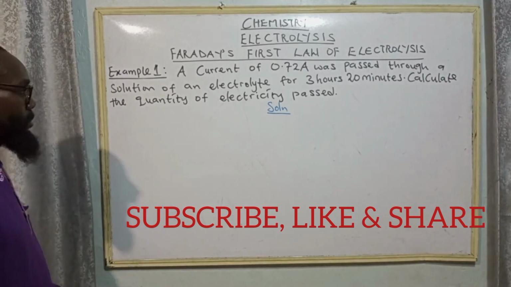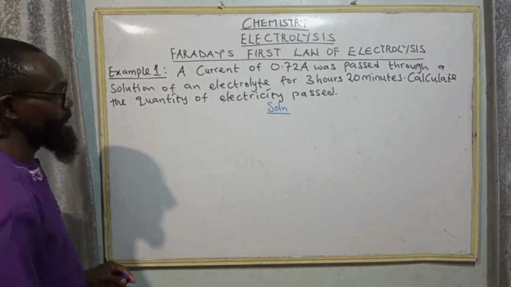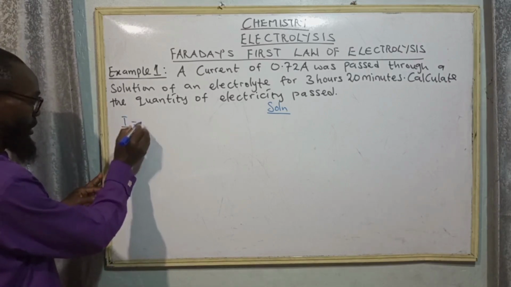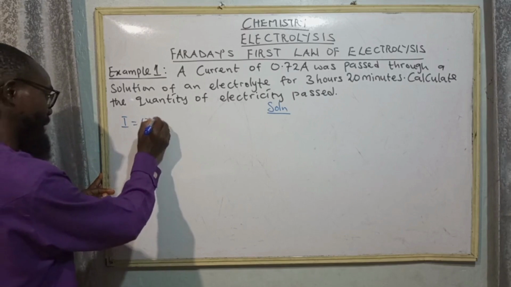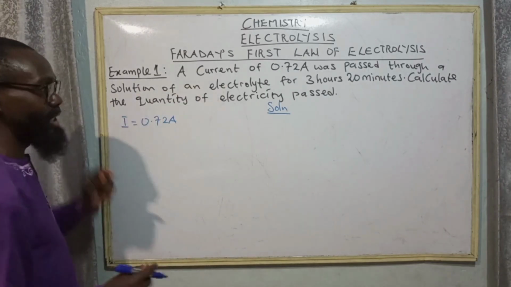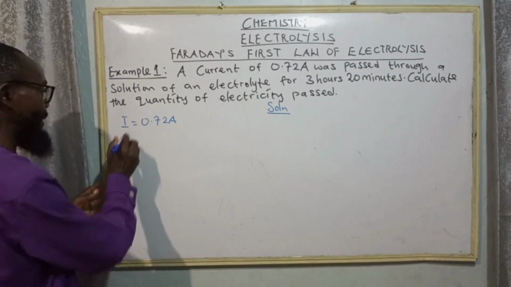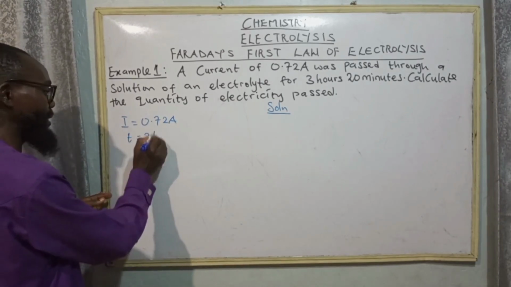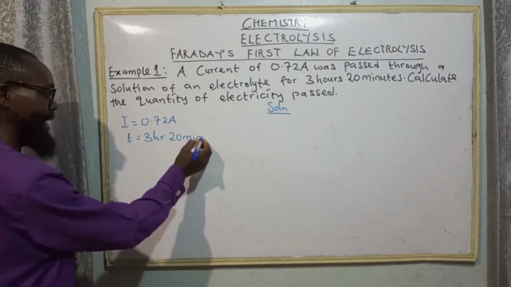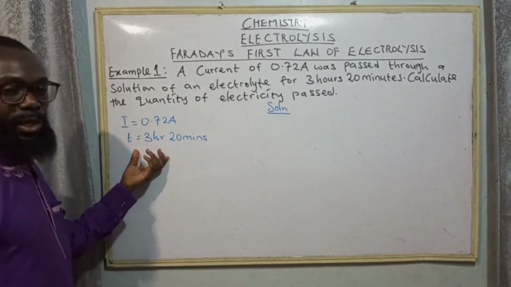Now, a current of 0.72 ampere. Current is I, as we have done. 0.72 amperes was passed through a solution of an electrolyte for 3 hours 20 minutes. Our time there is 3 hours 20 minutes. Now, one thing we have to note is that our time must be in seconds.